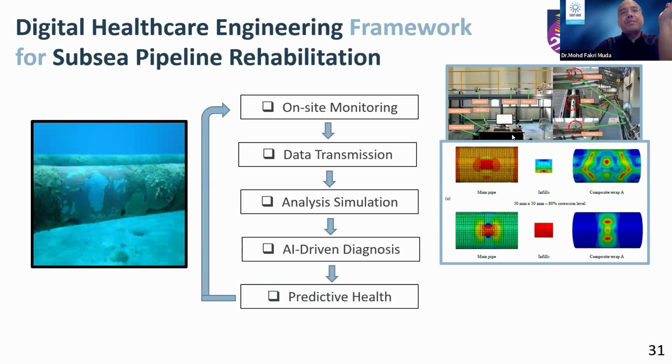So if deterioration accelerates, the DHE system recommends rehabilitation action such as adding an extra FRP layer, increasing the overlap length of the FRP, or performing localized pressure relief. The final stage involves predictive health analytics, which estimate the remaining service life and automatically update the maintenance schedule.